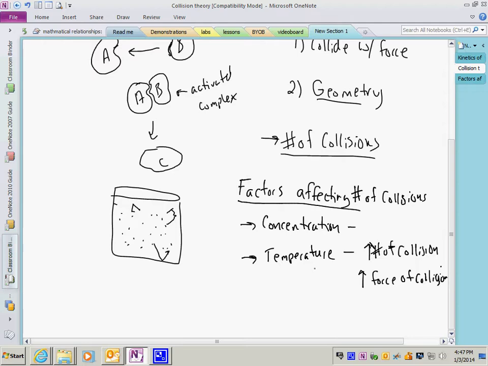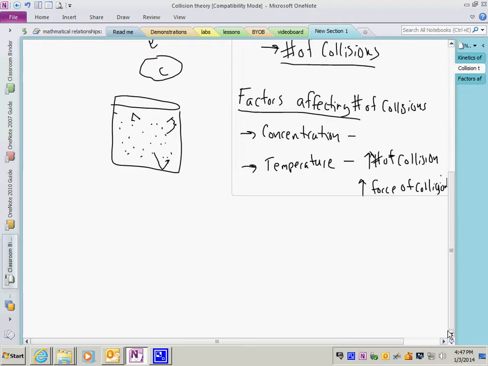What you want to be aware of is that temperature kind of fooled mankind for a long time. Temperature is essentially, the actual chemical name for it is average kinetic energy. Kinetic means movement, and it increases the movement of particles.